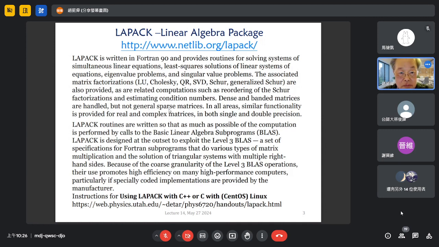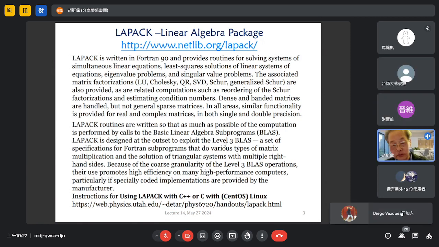LAPACK is written such that as much as possible of the computation can call the BLAS, and mostly they exploit the level 3 BLAS, that is, matrix operations such as matrix multiplication.